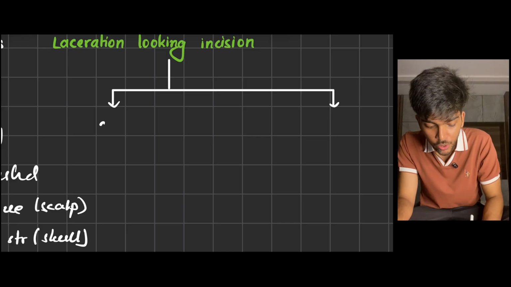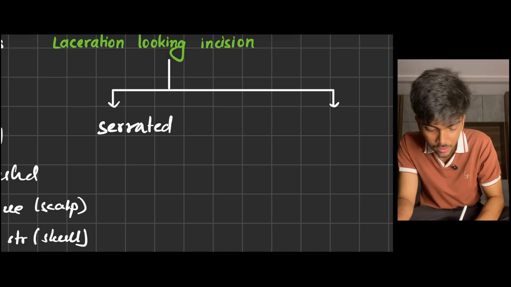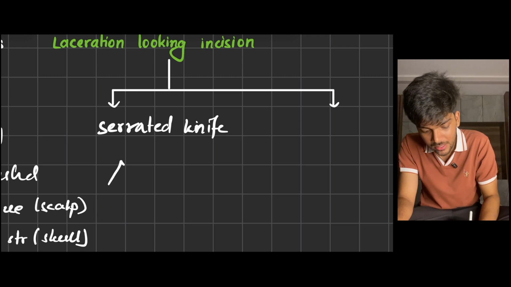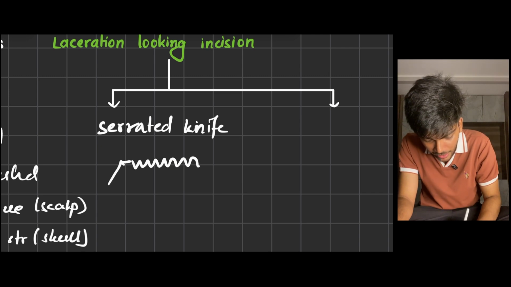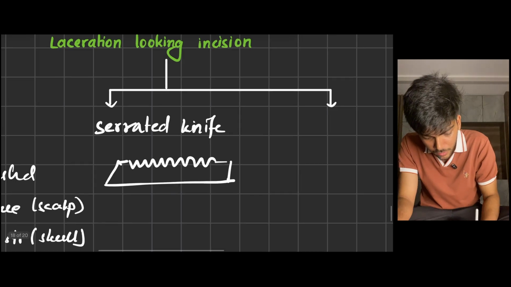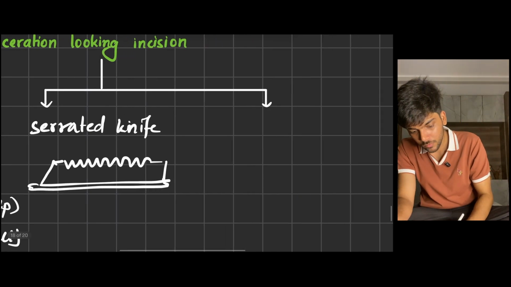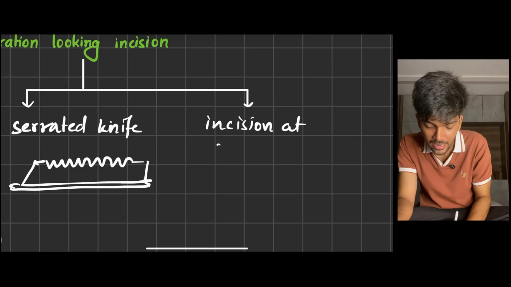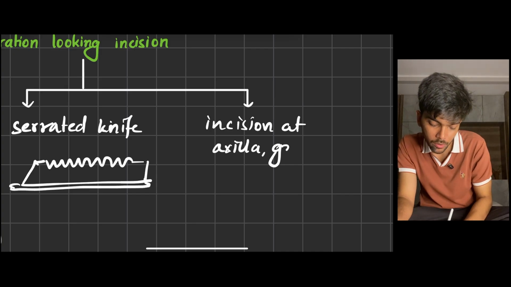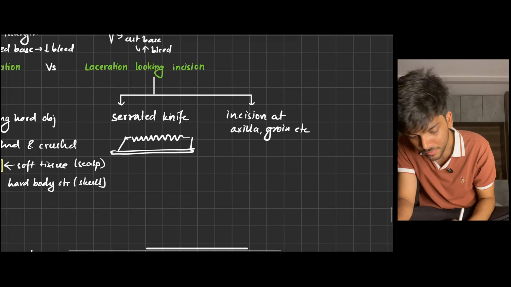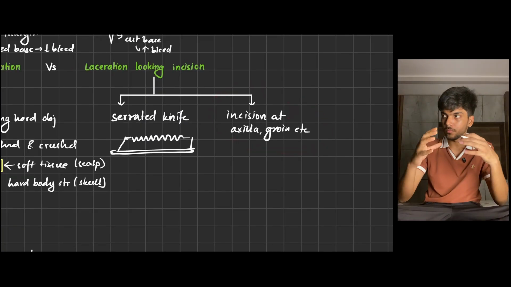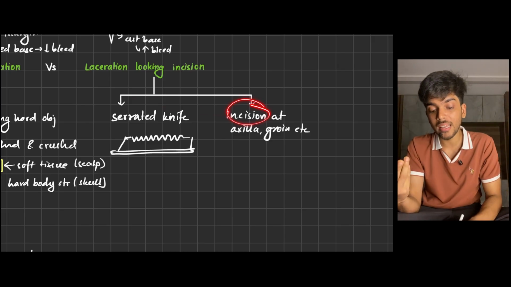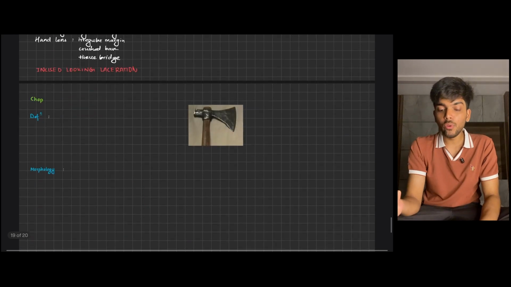This can either be due to serrated knife, which has, see, this is a serrated knife, or it could be due to incision at axilla, groin, etc. At these regions, due to the skin texture itself, the incision looks like a laceration. With that, we are done with incision as well.